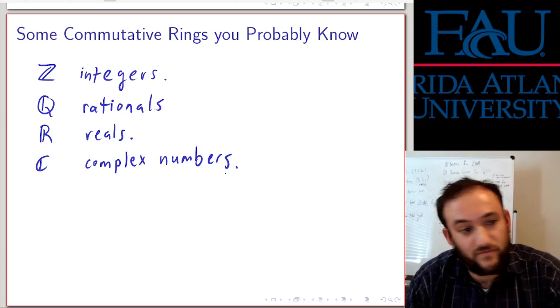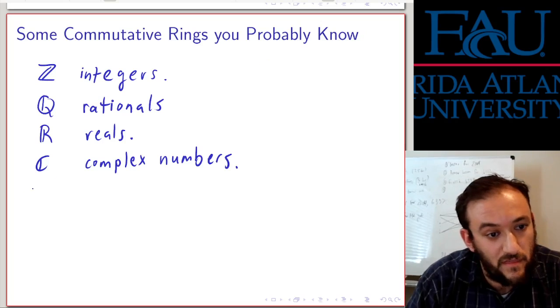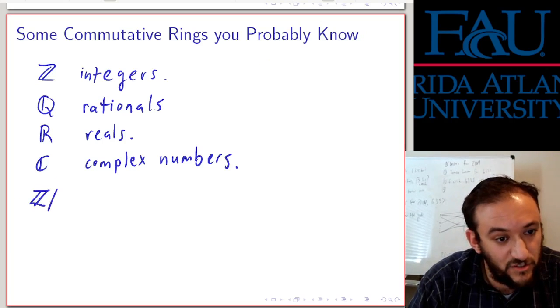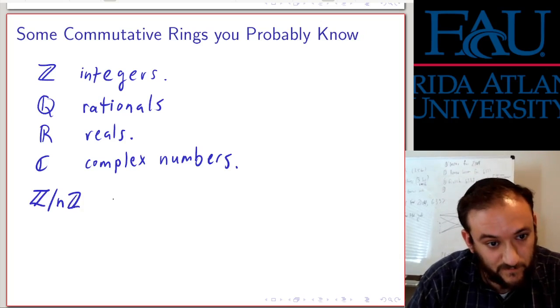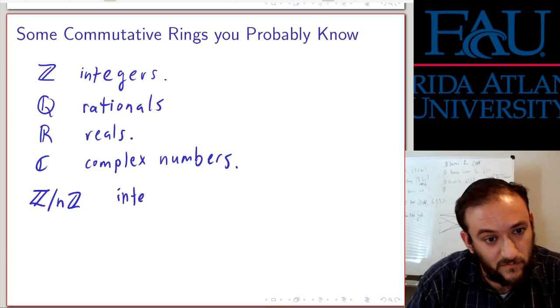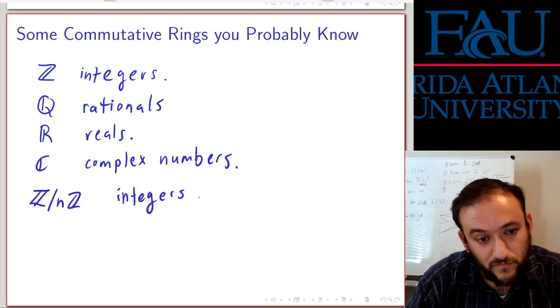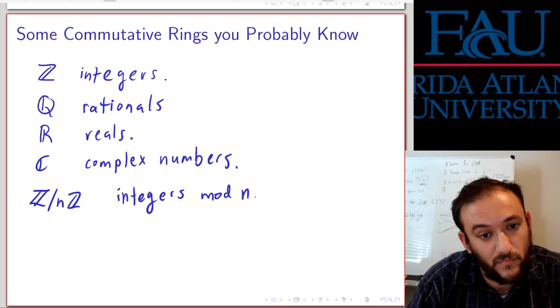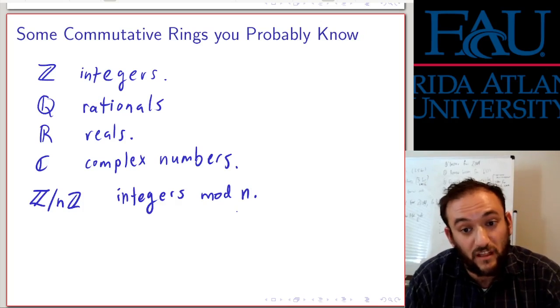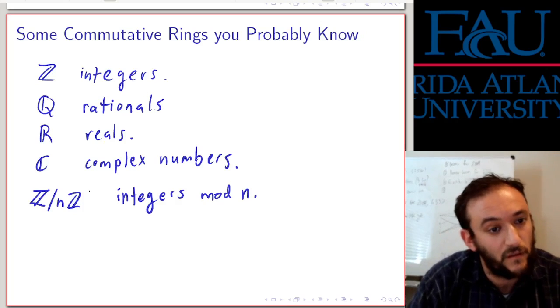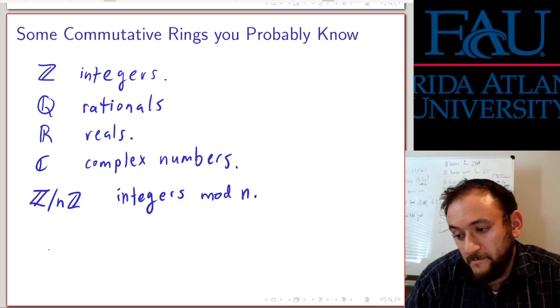We also have the ring of integers modulo some fixed n. So for example, if you had n equals 2, then you would get the ring with two elements, 0 and 1.